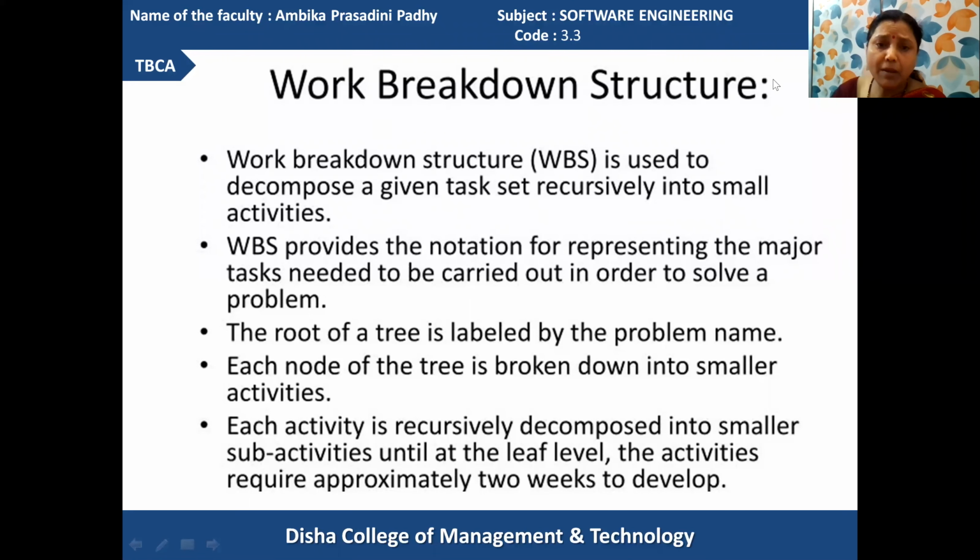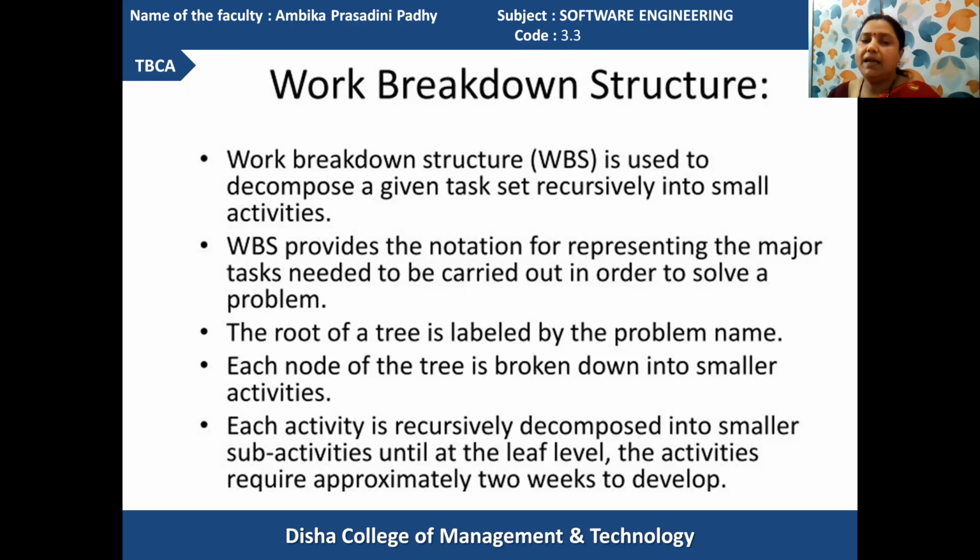In the WBS, you can identify the small activities to be performed. And the WBS provides the notation for representing the major tasks needed to solve a particular problem. If a task exists, then it should have a solution. What task it is going to perform and what solution will be arrived at can be identified here.